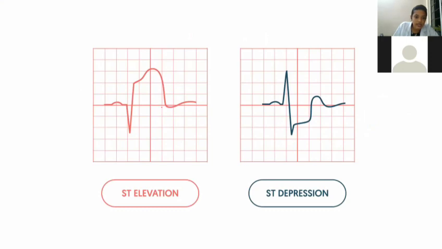Actually, this ST segment should be on the isoelectric line. It is elevated in this image. And here you can see the ST depression. One more thing: while assessing for MI, according to different leads, it will indicate the different positions where the infarction has happened. About MI and ECG, we will discuss later.